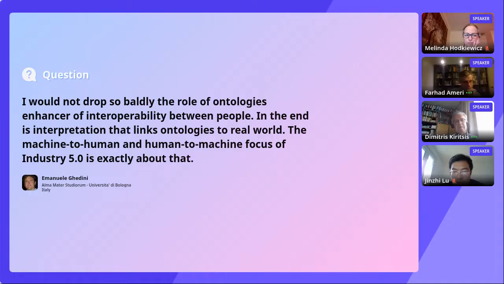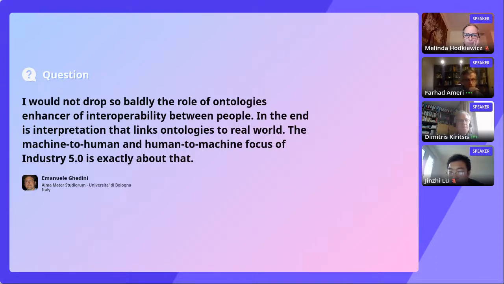And the thing is, how can we consider ontologies also as an enabler or a kind of tool that can enhance interoperability between people as well? I don't know if you see the question. What do you think about that?